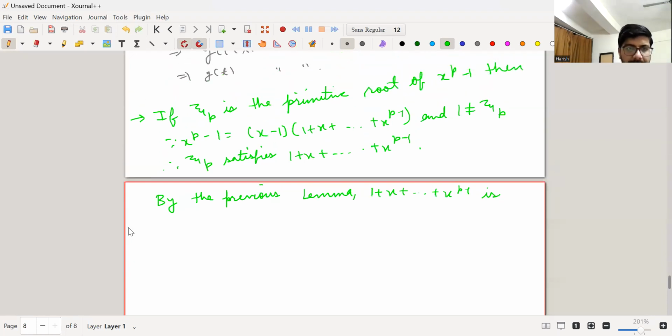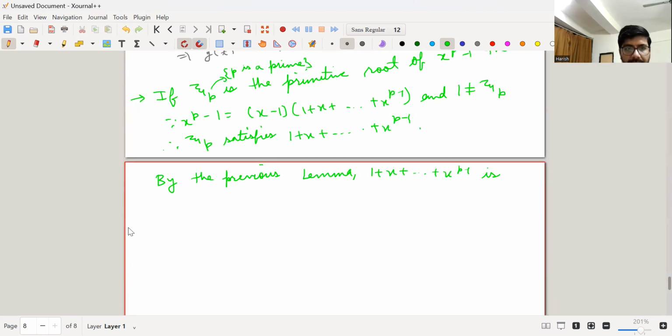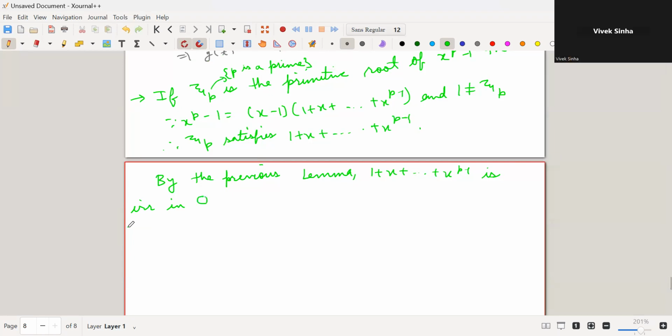Of course, here I am considering p to be a prime. So this is irreducible in Q[t].